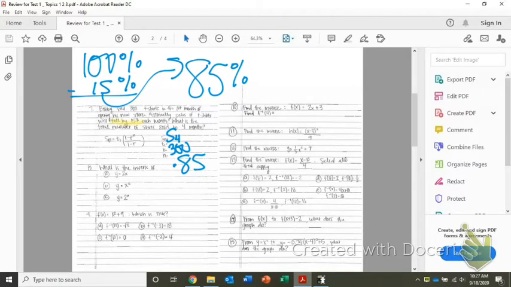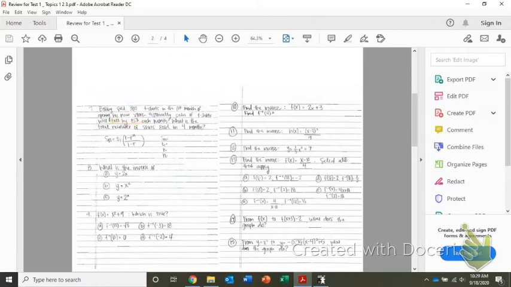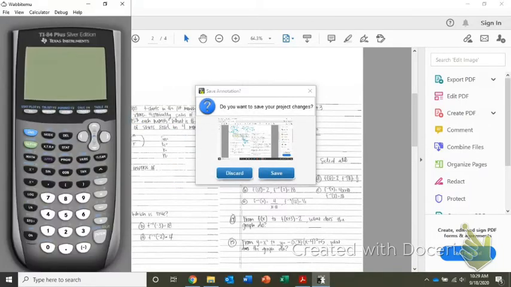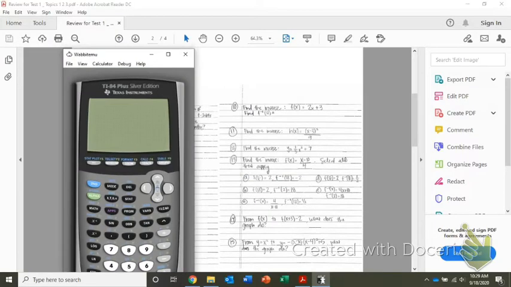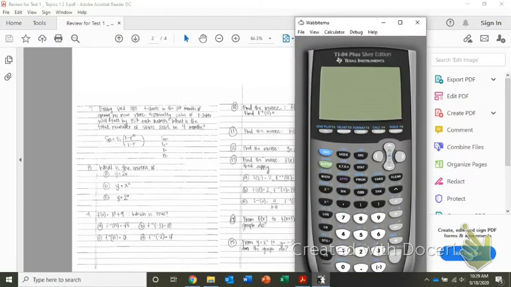In other words, it's 85%. And our number of months is 4. So I'm going to take this information and plug it in.